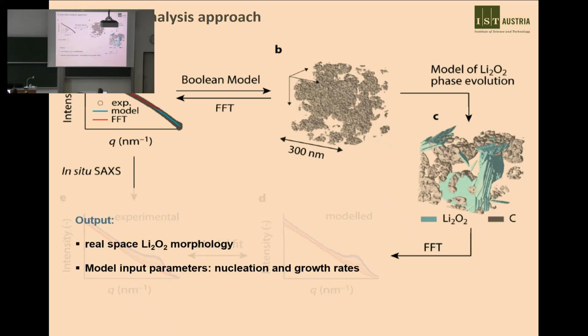So this is not an illustration. We used a growth model to grow these disc-like, parallel disc-like features. And so this is an output of it, real space morphology. And as we have a growth model, we have nucleation and growth rates.